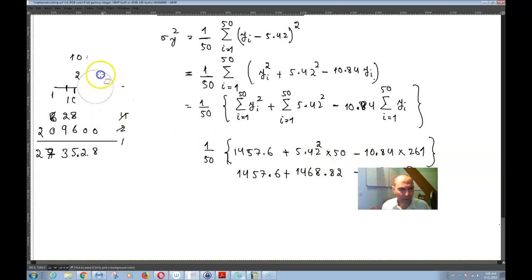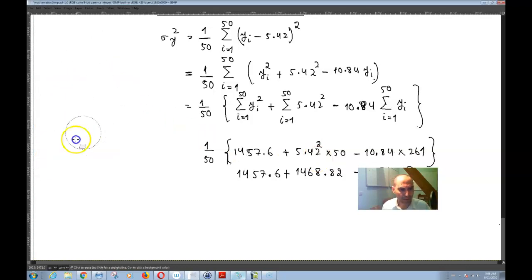And so now if I add these two numbers together, I'll get 1457.6 and 1468.82.